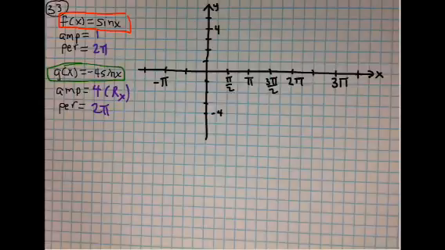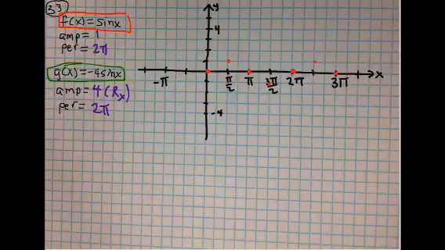Since this is a sine, we have the zeros at the beginning, middle, and end. So here, here, and here. The maximum is 1/4 of the way. Remember, the amplitude is 1, and the minimum is 3/4 of the way, so I'm going to write that over the 3 pi over 2. From 2 pi to 3 pi, that's the left side of the period, so it would go back up to here, and then here.